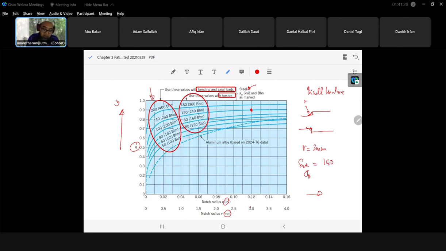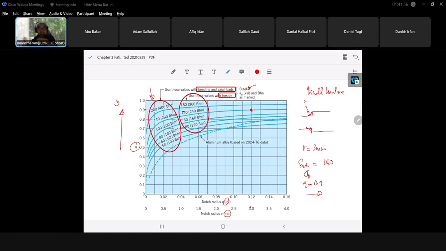Then you go directly to the y-axis and you get the value of Q, 0.9. Don't take 140 for torsion. If it were 140 in torsion, it should be in the middle here for torsion, so you have to use a different graph. If a good one is not available, do interpolation between two graphs.